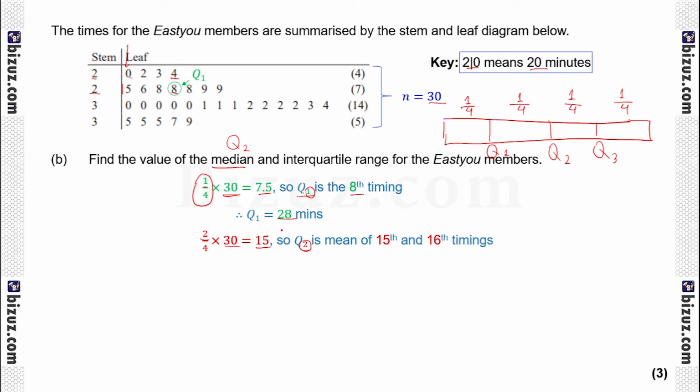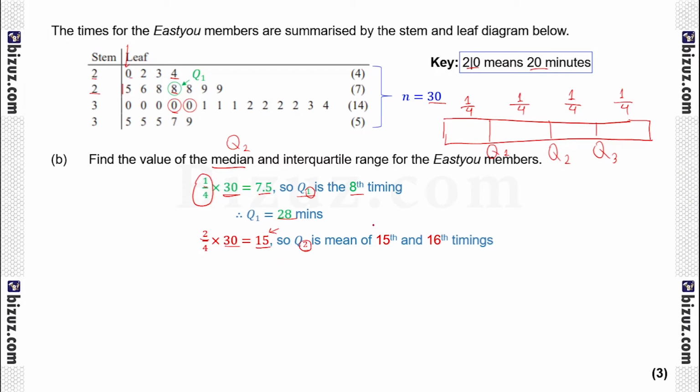Now this is the slightly trickier case where you have a whole number for the position. We might think that if we try to find the 15th one, it's going to be, let's see here, this is the 15th value. We might think that this is the median, the second quartile, but it's actually not.